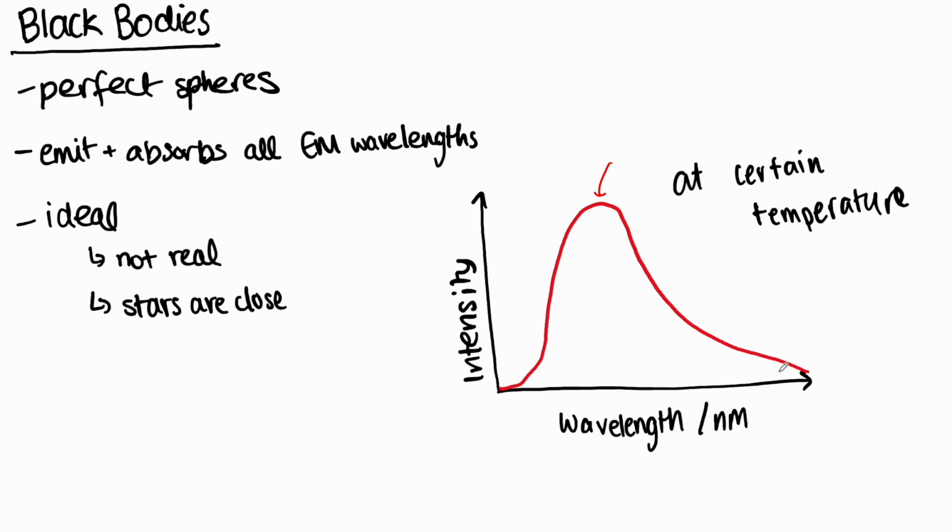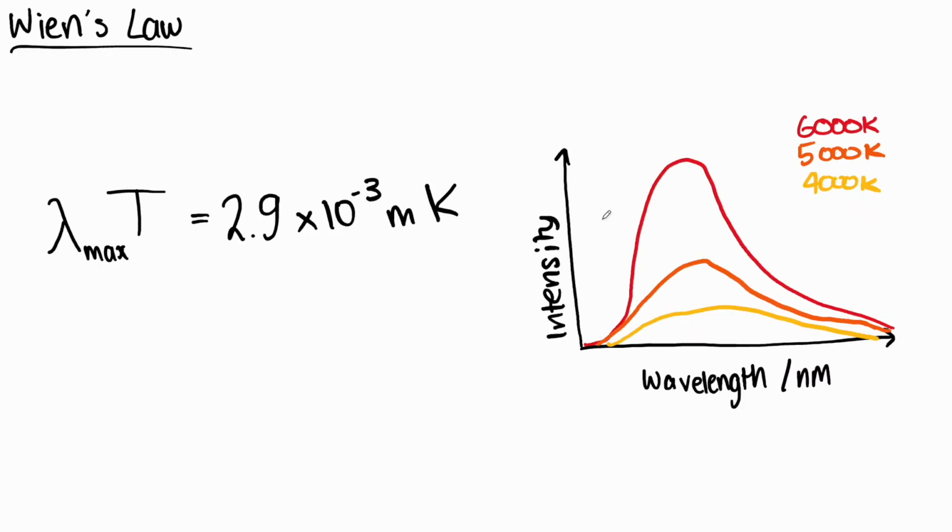So moving on to Wien's law, we have the same diagram here for the same black body, just different temperatures here. We can see that the peak wavelength is slightly different for each temperature.